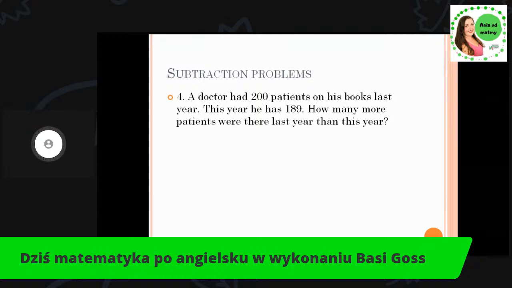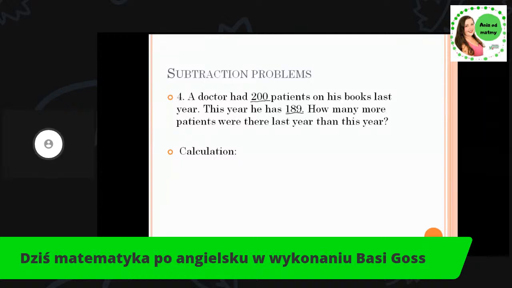And let's check what numbers we have in this question. The numbers in this question are 200 and 189. So last year, 200 patients, and this year 189 patients. So what's the calculation if we're checking how many more?